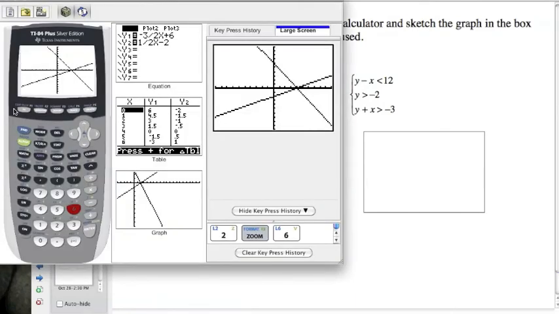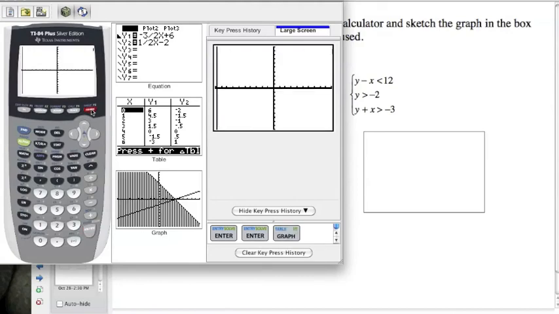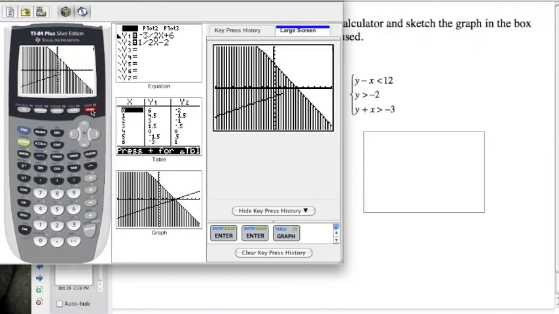We go into our y equals menu, and we arrow over to the far left. Once we're there, we just hit enter, and it changes. So that's a thick line, that's a greater than, and that's a less than. So now when I graph it, it's shaded in below that line, the less than line, right?